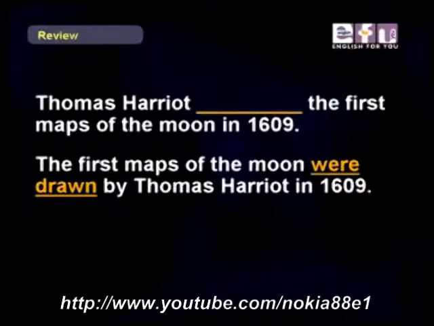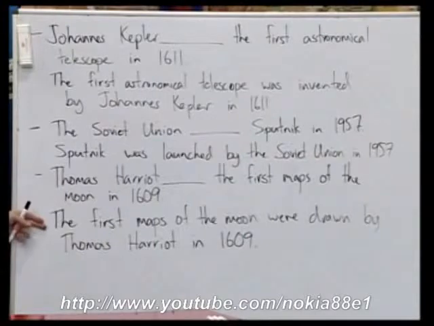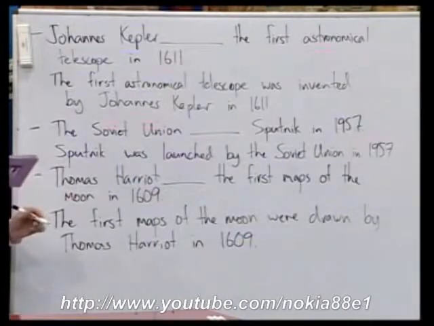Okay. The first maps of the moon were drawn by Thomas Harriot in 1609. Excellent job, everybody. Superb job.